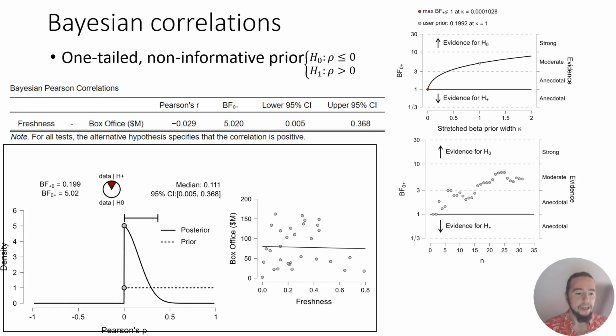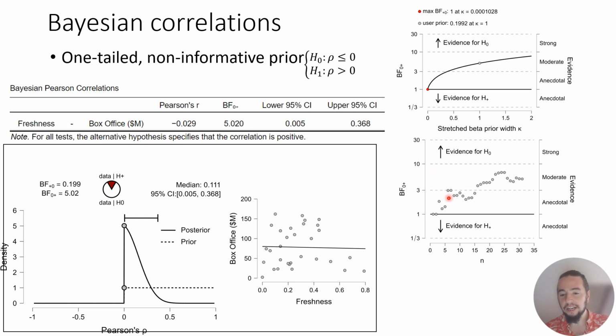Okay, here's an example with a one-tail distribution and one-tail test truncated to be positive. Here we have a 0 plus Bayes factor. Here is the robustness analysis and the sequential analysis. As you can see here, we have more or less the same outcome. It's not very robust because the situation will change significantly as long as we choose a different prior.